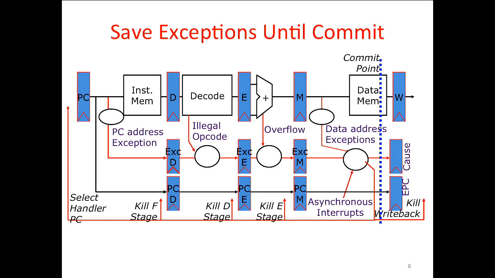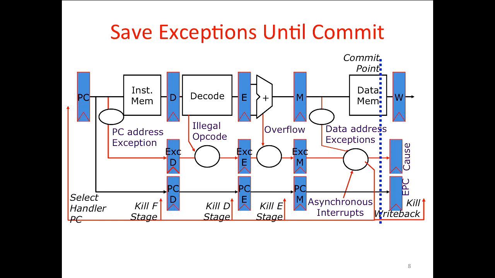You say, well, I'm going to interrupt this instruction. It wasn't responsible for the interrupt. It just happened to be the victim that was in the pipeline when the interrupt happened. But you have to report some program counter to the trap handler so it knows where to jump back to resume. So in this case, I'm just saying whichever instruction is in the memory stage, if there's no exceptions but there's an interrupt, I'm going to go service the interrupt and mark the PC of this instruction as being where you need to resume to after you've done with a trap handler for the interrupt.